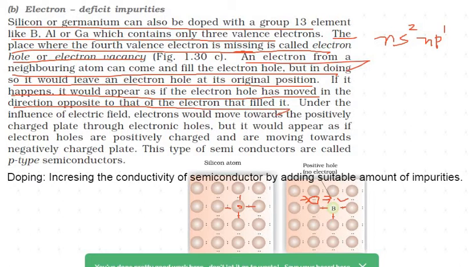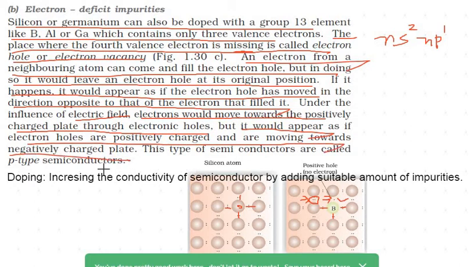So under the influence of an electric field, the electron would move towards the positively charged side. Actually one electron is jumping from its original site to the vacant place, leaving behind a vacant place. So it is like the hole is moving ahead and ahead, and it would appear as if the electron holes are positively charged and moving towards the negative side.